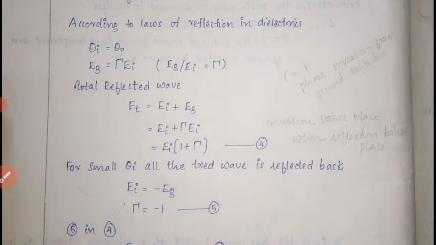Et is equal to Ei plus Eg, that is Ei plus gamma into Ei, that is Ei into 1 plus gamma. Here Ei is equal to minus Eg, so we get the expression gamma is equal to minus 1. You just have to keep this value of gamma, minus 1, in mind.